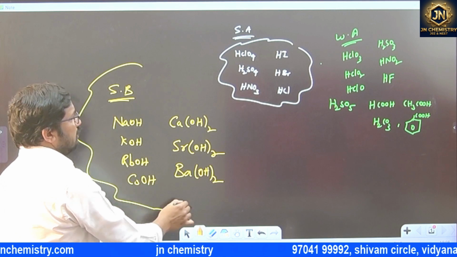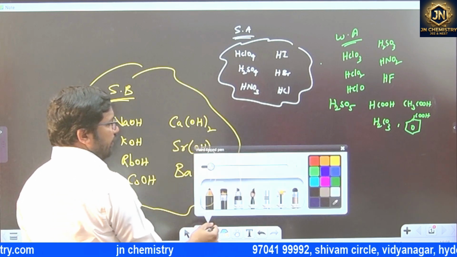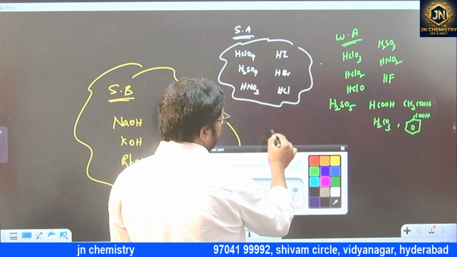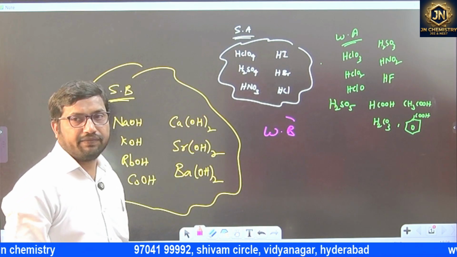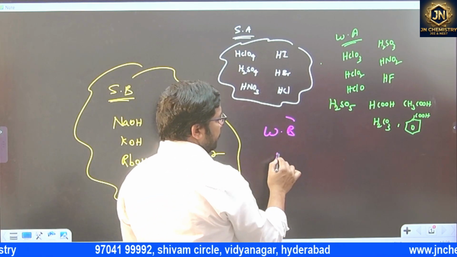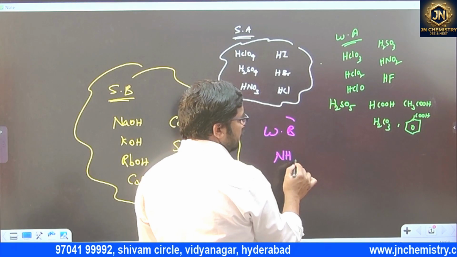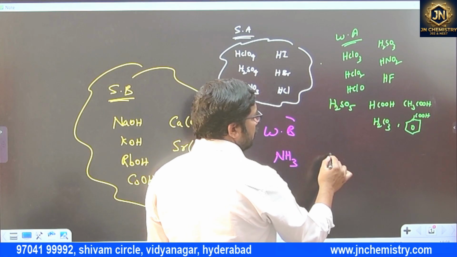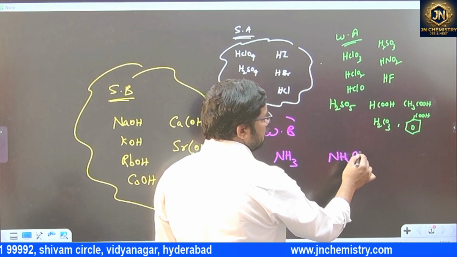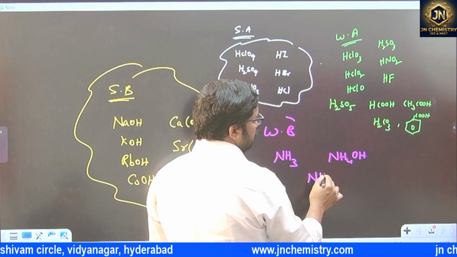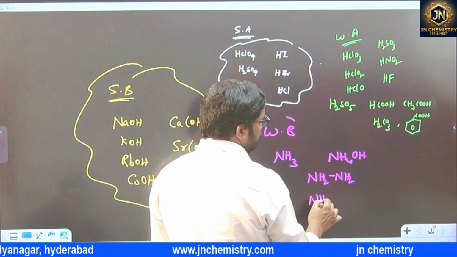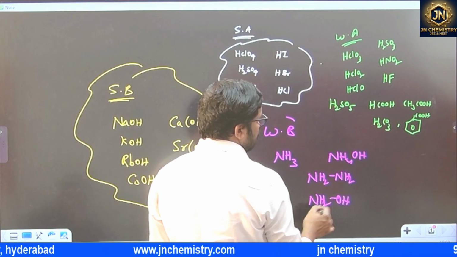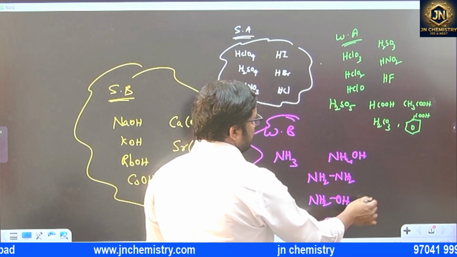Strong bases. And one more, weak bases: ammonia and its derivatives. NH3, NH3 plus water we could say NH4OH, NH2OH, like that, weak bases.